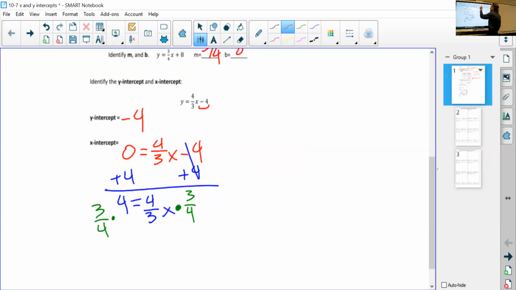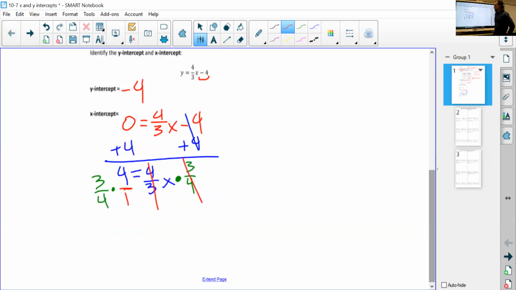And then if we are multiplying a whole number by a fraction, remember we can rewrite that as the fraction over 1. So all of this will cancel out. We could either multiply straight across or we could simplify first. So if we have a 4 on the top and bottom, those would both cancel out. And you'd be left with 3/1.